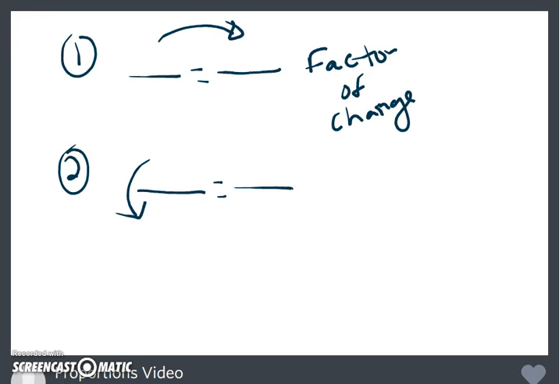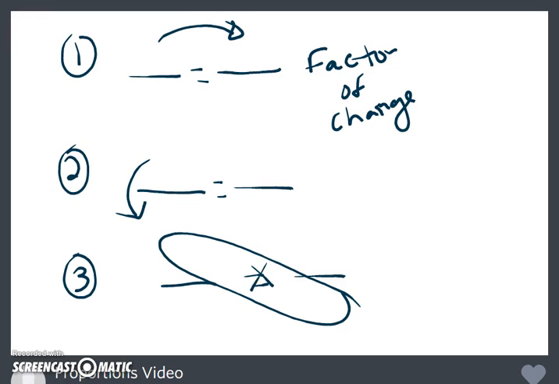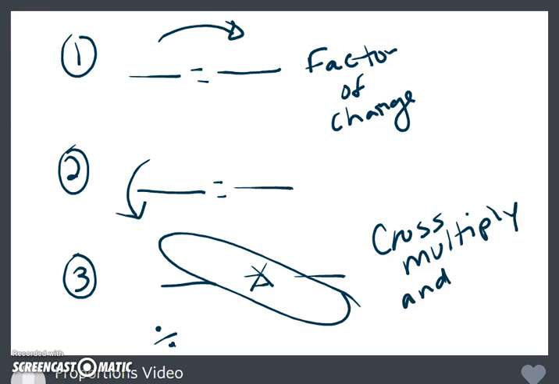Okay, so you can look across, you can look up and down, and then the other method that you can use is to cross multiply and divide.